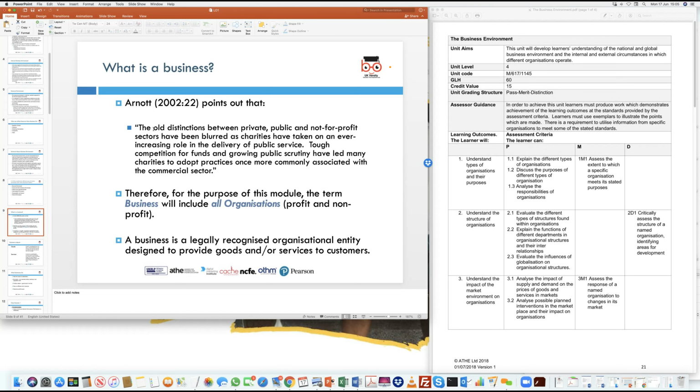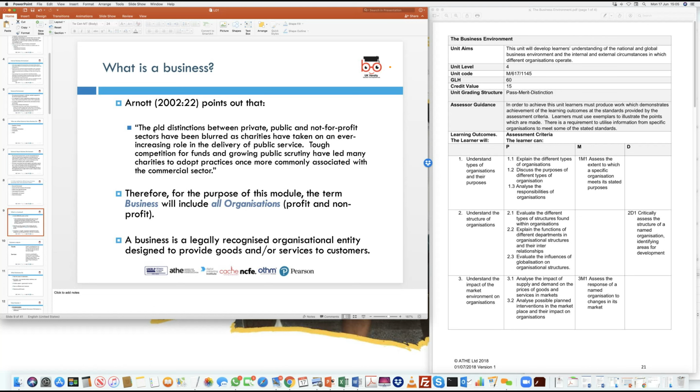That means they start an activity of selling, manufacturing, producing. When you sell your products and services, at some stage individuals go out and register a business. If I look at the definition, a business is a legally recognized entity which is designed to provide goods and services to customers.